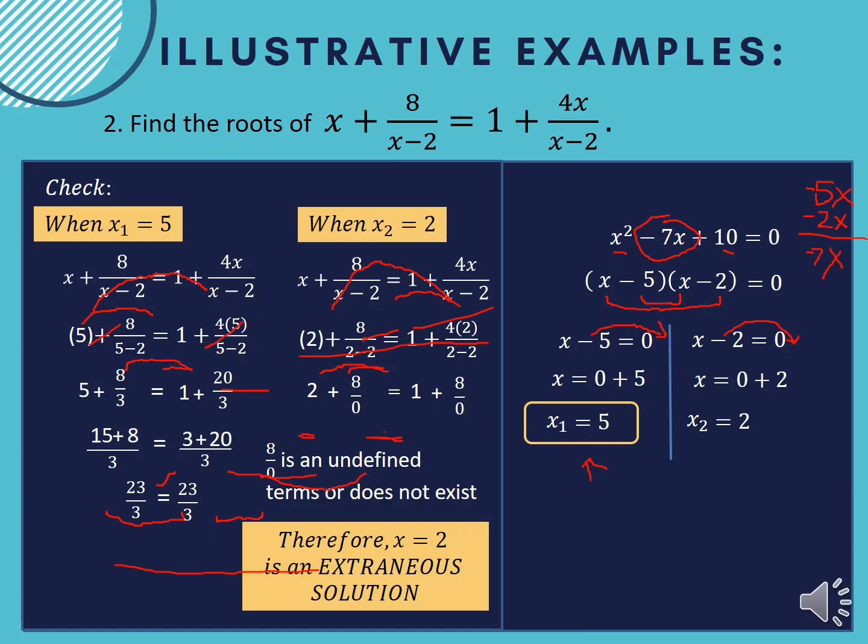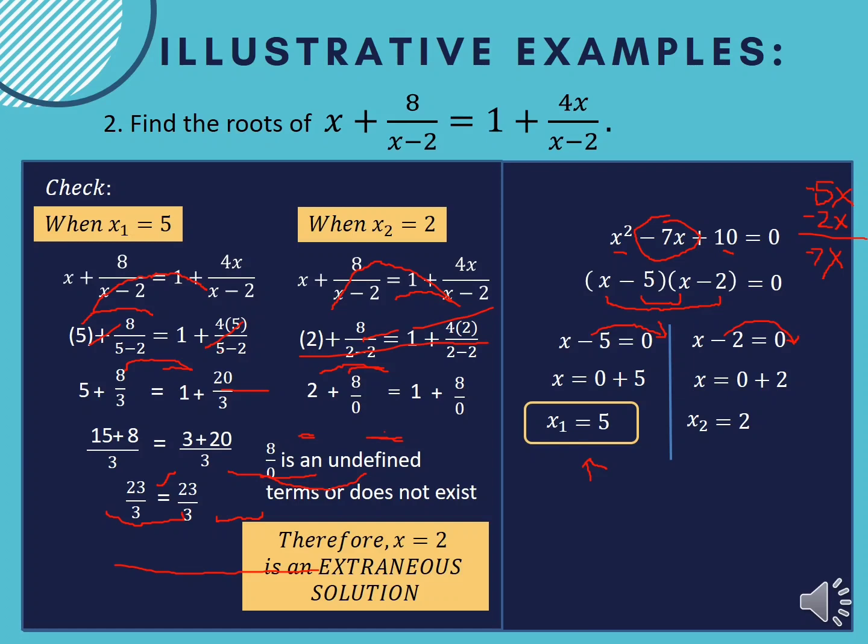What about if our x sub 2 is 2? Substitute naman natin si x sub 2, ang value ni x sub 2 which is 2 sa bawat values ng x. So, that will become 2 plus 8 over 2 minus 2. Simplify natin. 8 over 0 kasi 2 minus 2 is 0 plus 4 times 2 is 8.